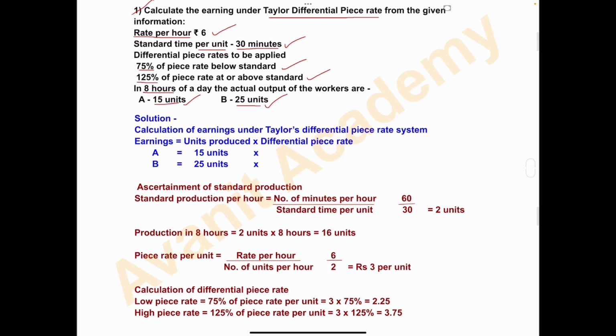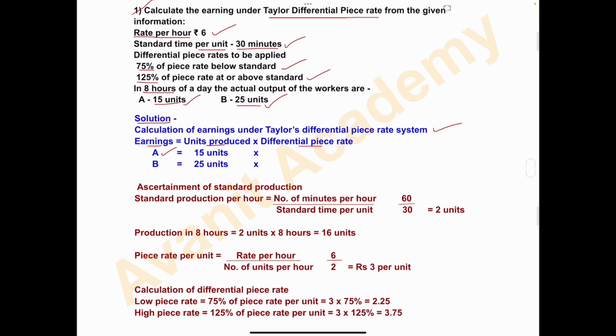Solution: calculation of earnings under Taylor's differential piece rate system. Write the formula, that is earnings is equal to units produced into differential piece rate. First is Mr. A. Mr. A has produced how many units?